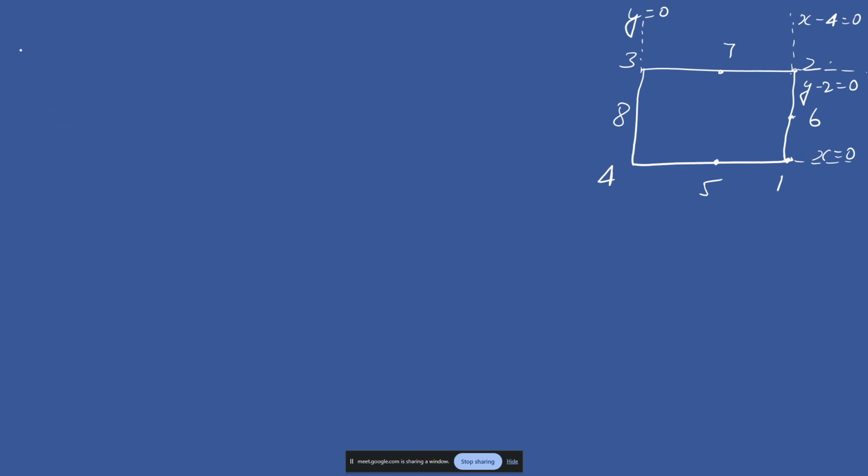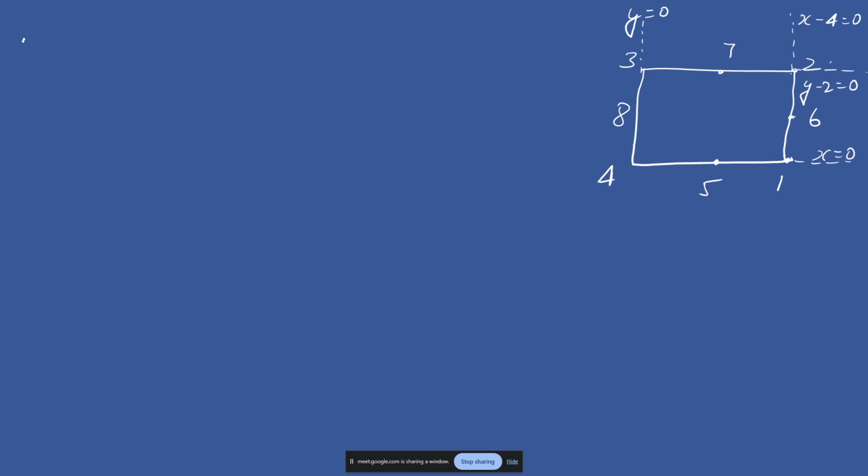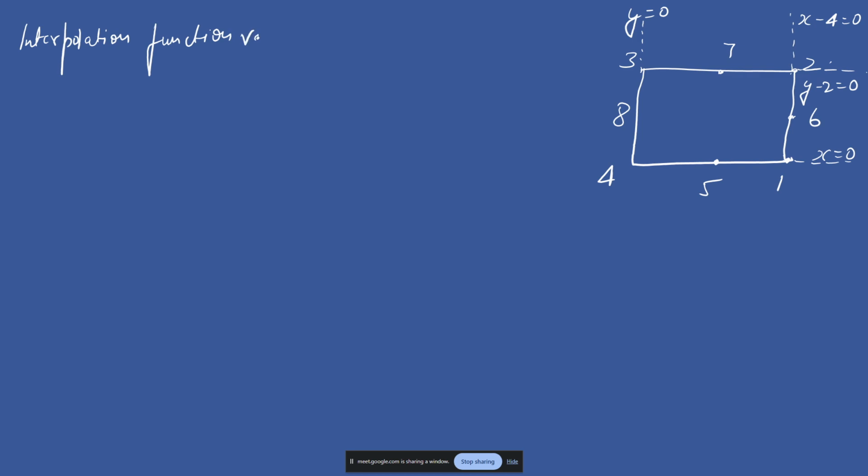So now we need to evaluate the interpolation function value at p. What is p? Here it is (1, 0.5), right?